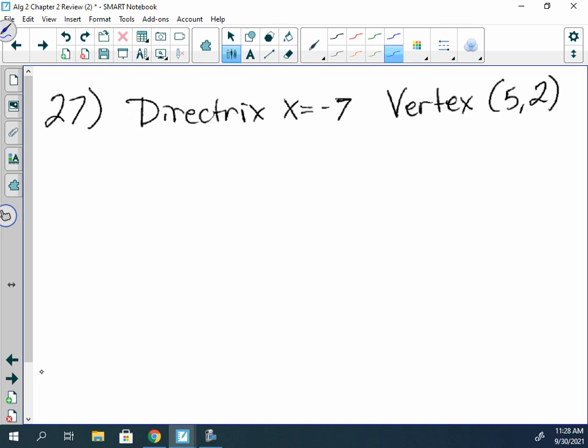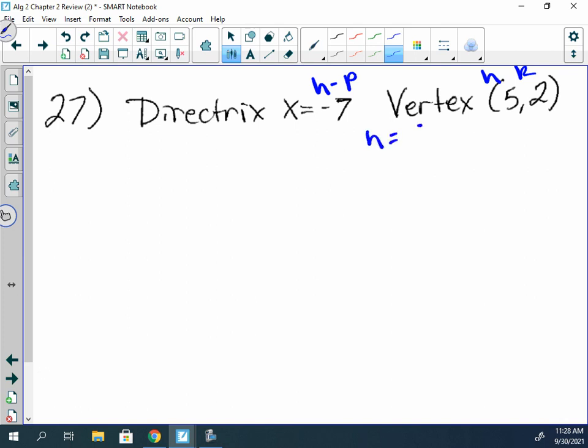27. Well, the vertex is telling me that I have my h and k. Vertex is h comma k. Now the directrix x equals, there's only one of the two general equations that would be x equals. So for this here, this is really taking the place of h minus p.